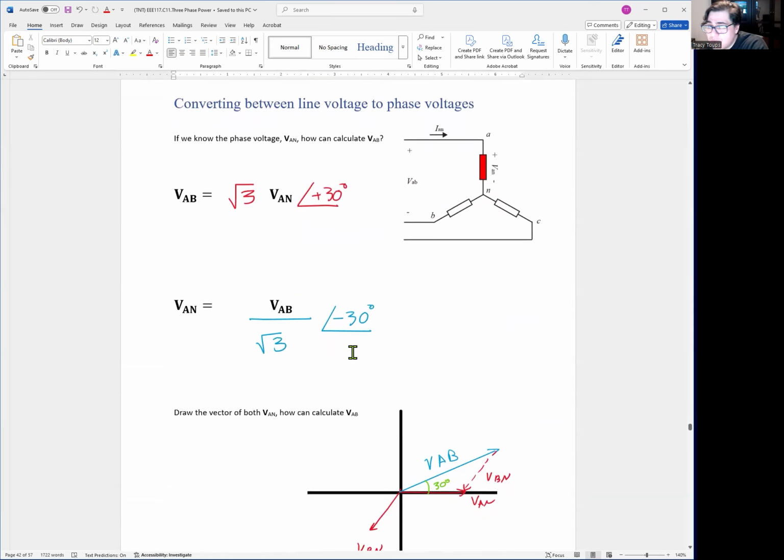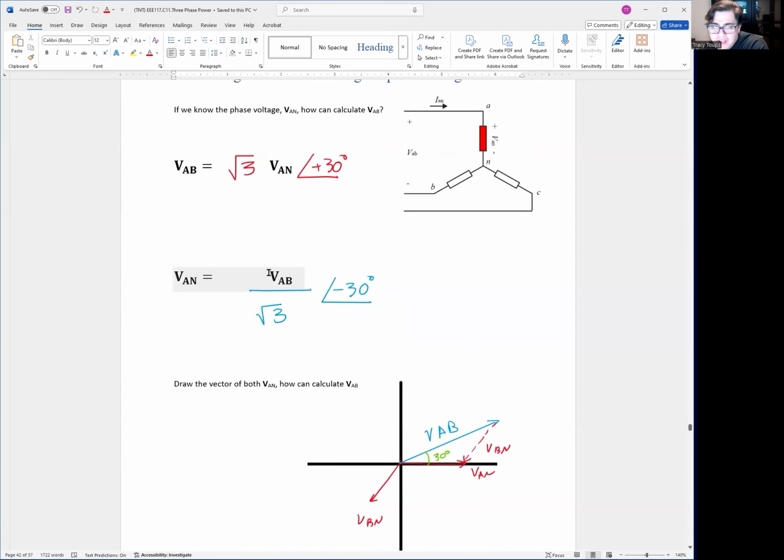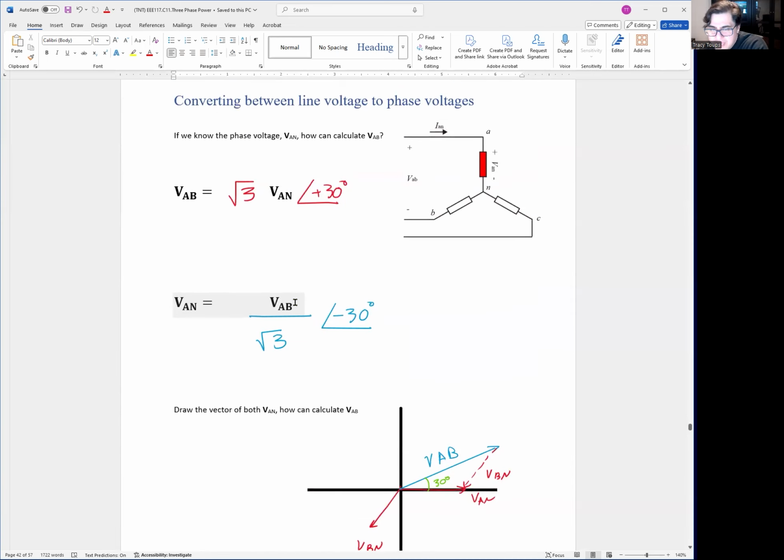So that's the rule for going between line voltages and phase voltages. If you have VAN and you want VAB, multiply by square root 3 and add 30 degrees, and you're done. If you have the line-to-line voltage VAB and you want the phase-to-neutral voltage VAN, divide by square root 3 and subtract 30 degrees. Go backwards.